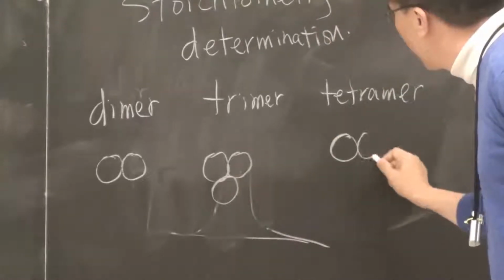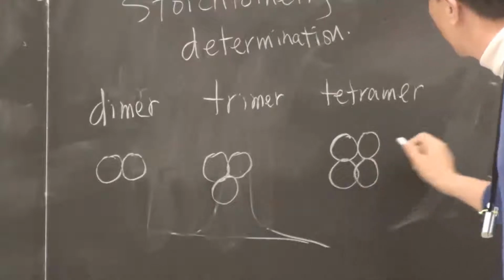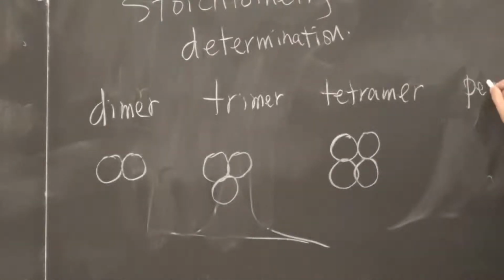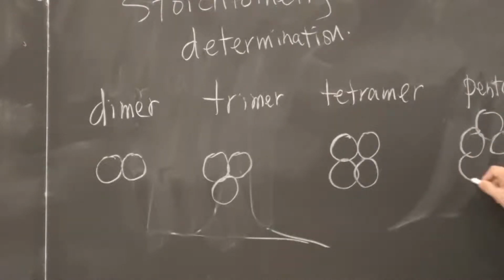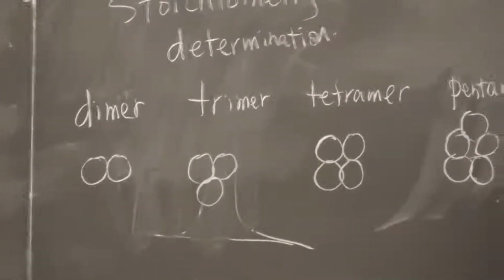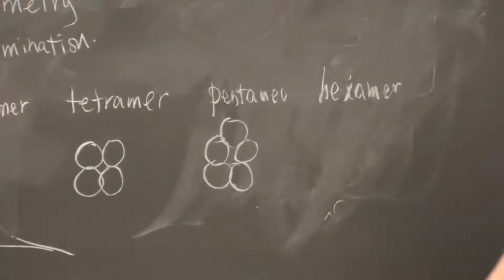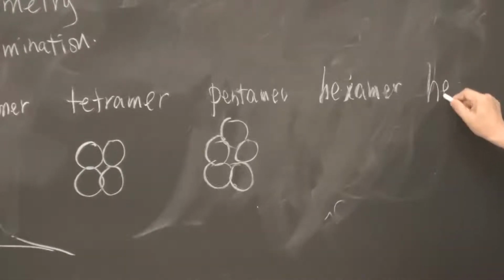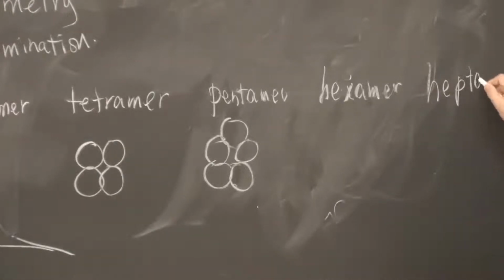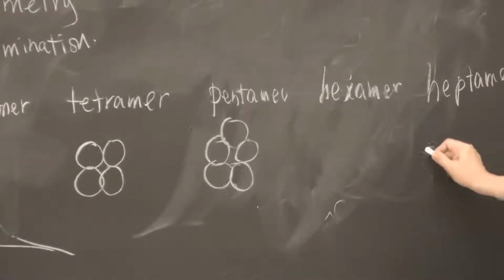They can form a tetramer. What's next? Pentamer. Hexamer. And what's next? Heptamer. Great. Next? Octamer.